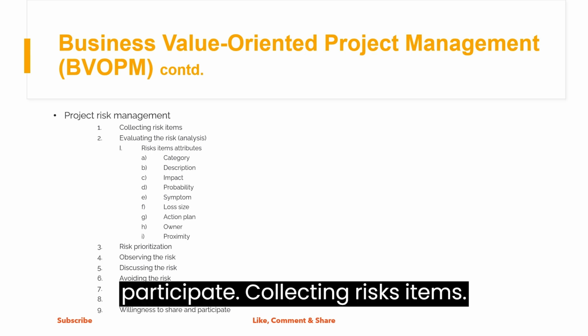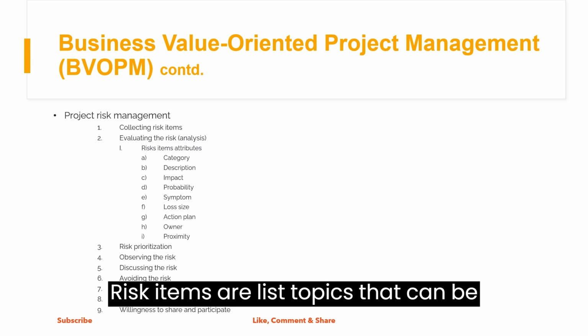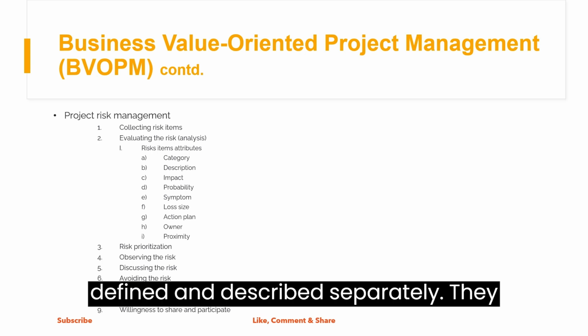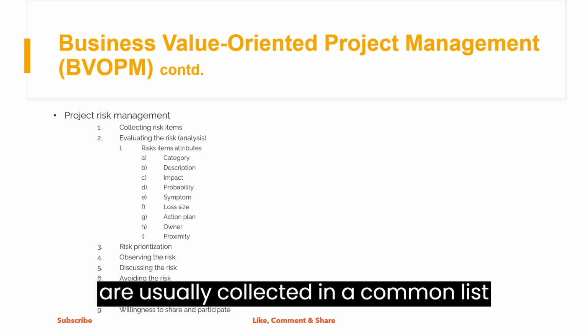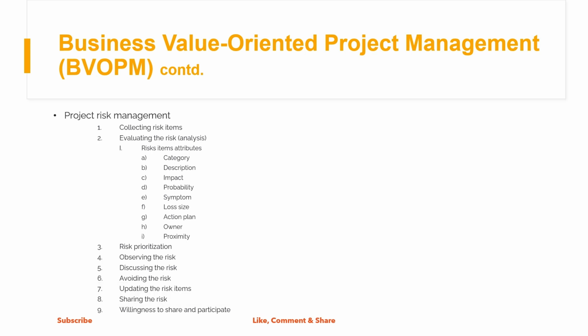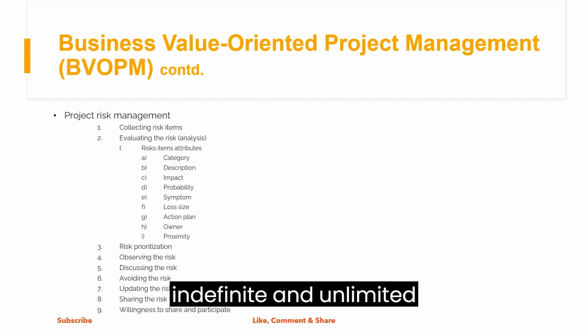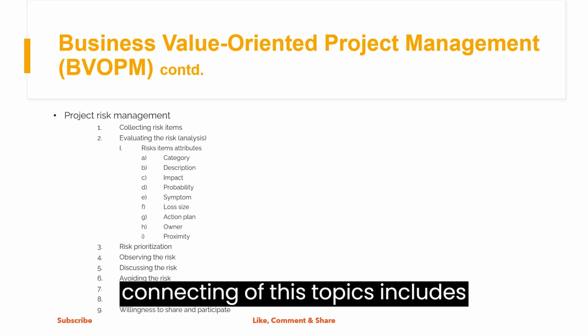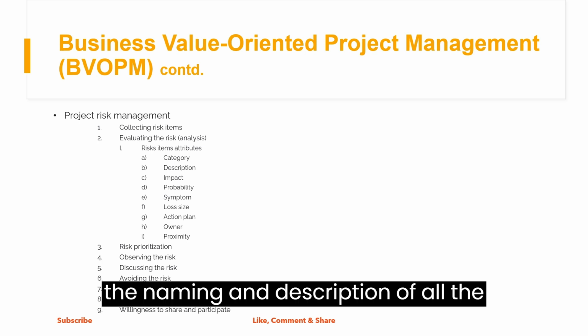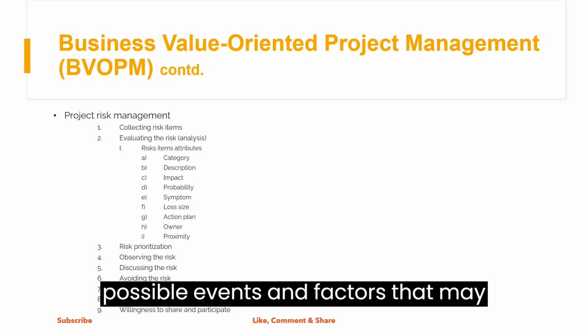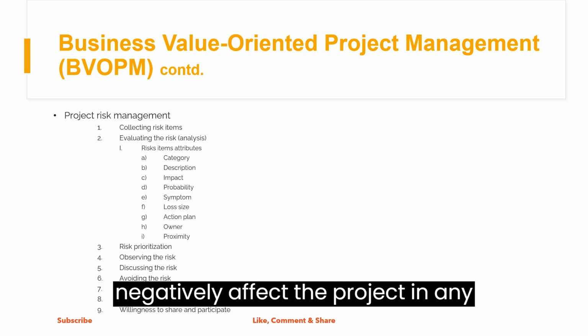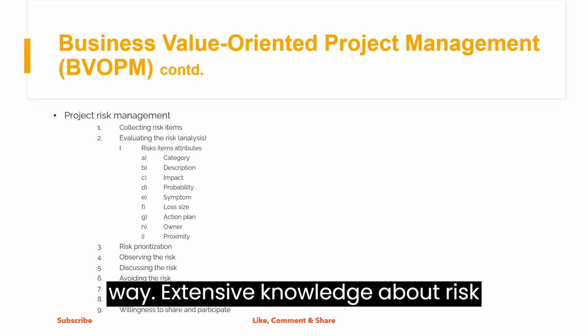Collecting risk items. Risk items are risk topics that can be defined and described separately. They are usually collected in a common list that contains an indefinite and unlimited amount of risk items. The collecting of risk topics includes the naming and description of all the possible events and factors that may negatively affect the project in any way.